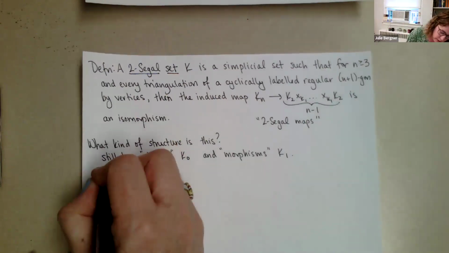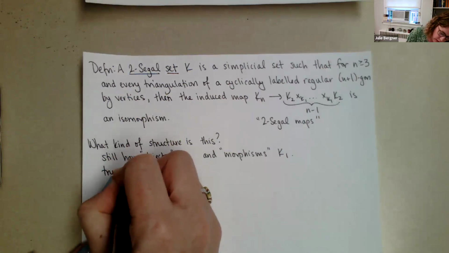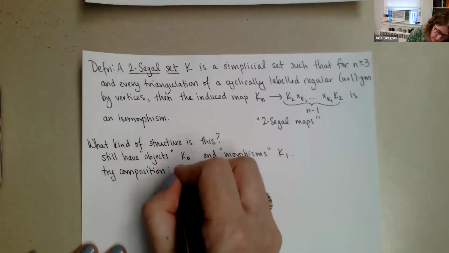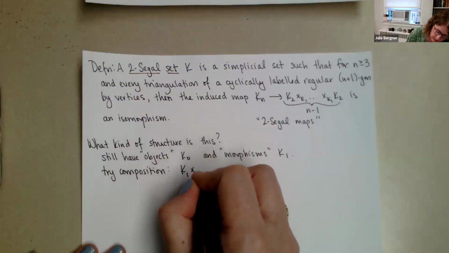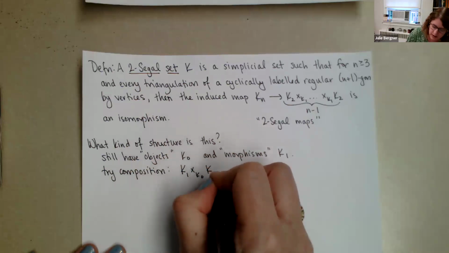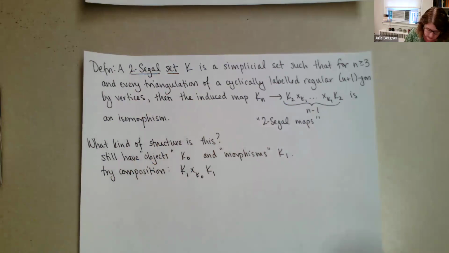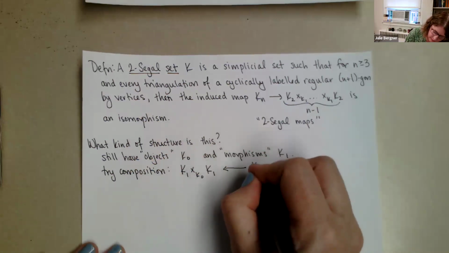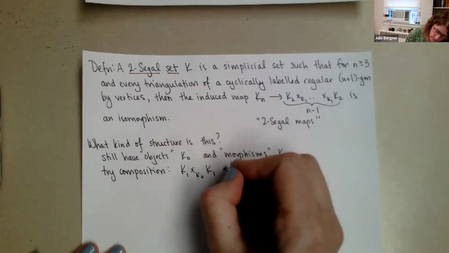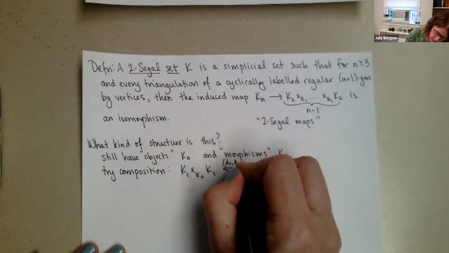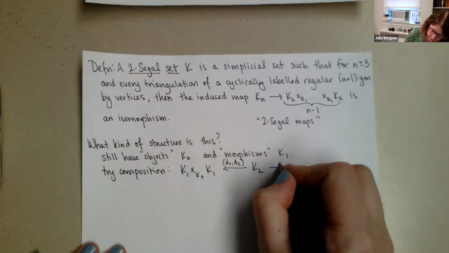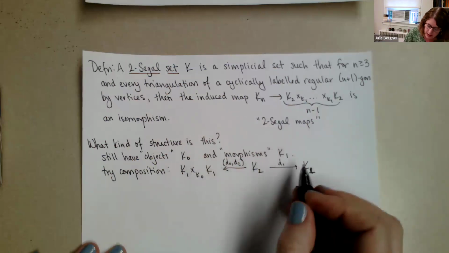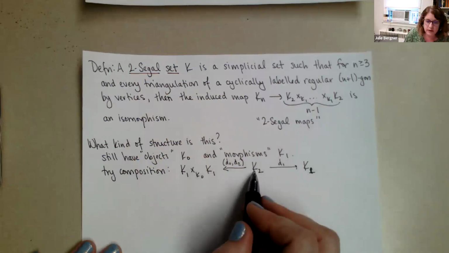But now if we try to do composition like we did before, remember we said, take a composable pair of one simplices, so we think there should be a composite, and then we map this D0, D2, and then we have D1. But now we don't know anything about this map anymore.